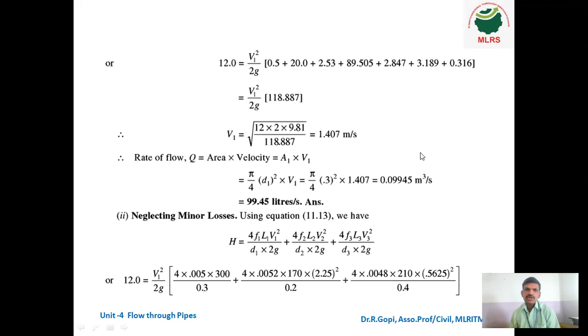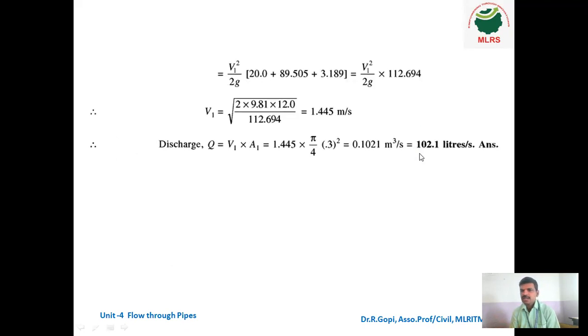The difference is around 2 liters per second extra. That 2 liters per second is the minor losses. In the second case, we don't consider minor losses, so for that reason we got a higher value. So always, if you consider minor losses, compared to without considering minor losses, the value will be less. That is the answer.